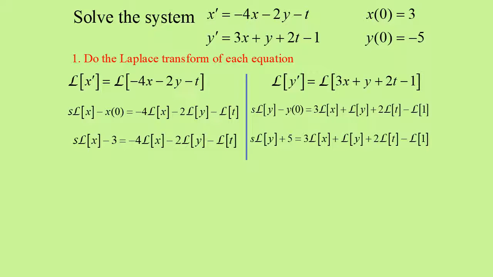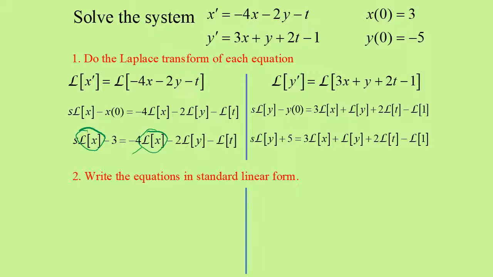Now, what we need to do is to write those in standard form. So we need to take this equation, get all of the Laplace x's together on one side, like the left side, get all the Laplace y's on the left side. Everything else needs to go to the right side.